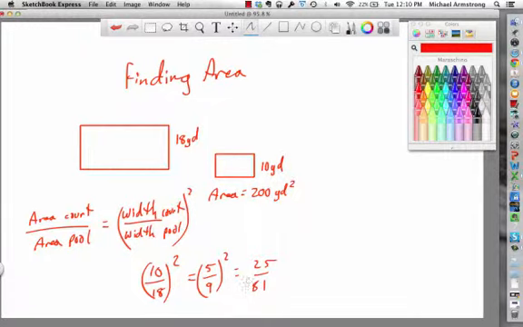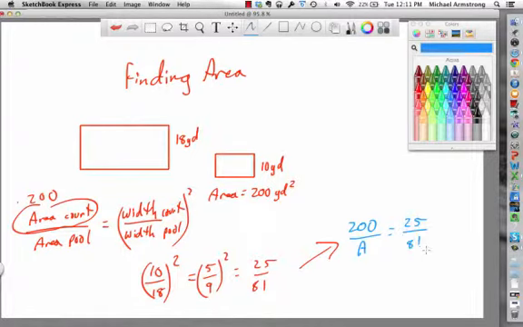And then we know that the area of the court is 200. So we could rewrite this equation: that 200 is the area of the court over the area of the pool. We'll call that P. Actually, we should just call it A because that's an area. It is the same as 25 over 81.